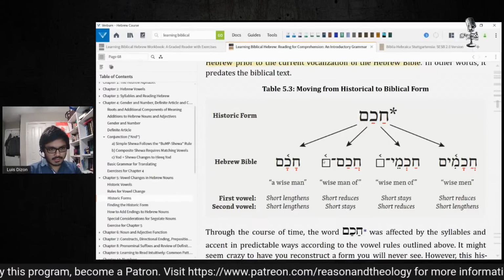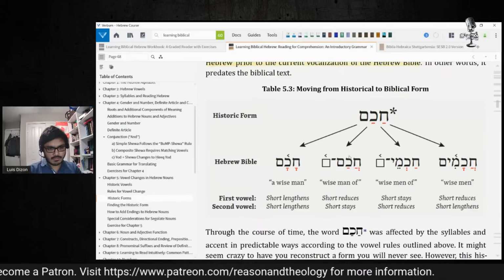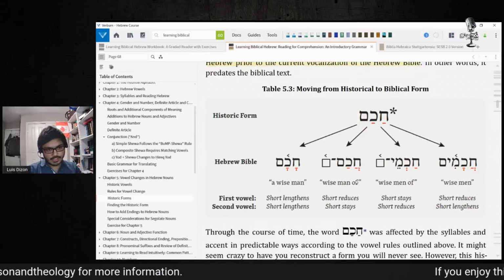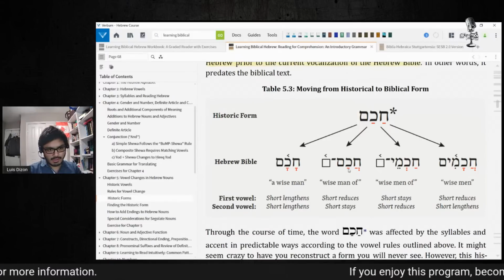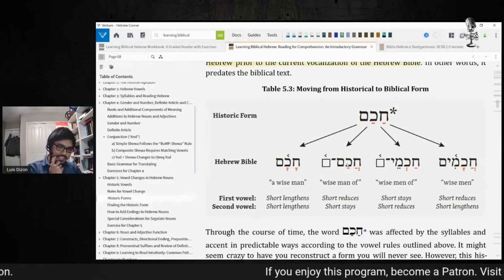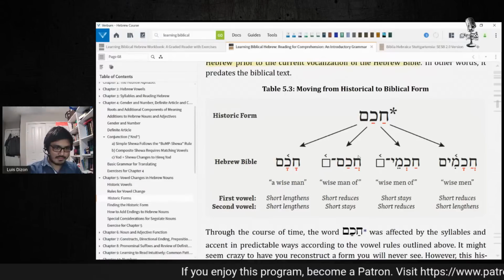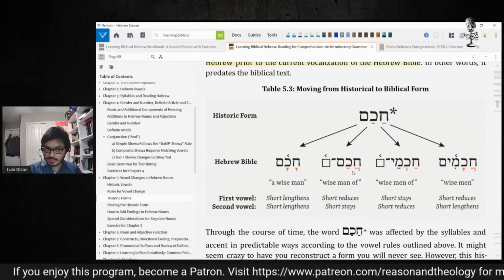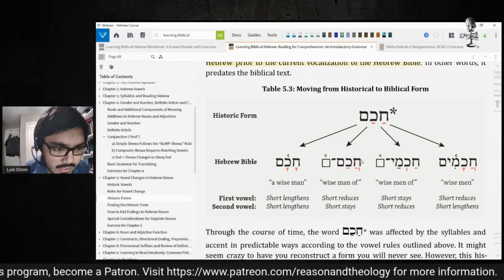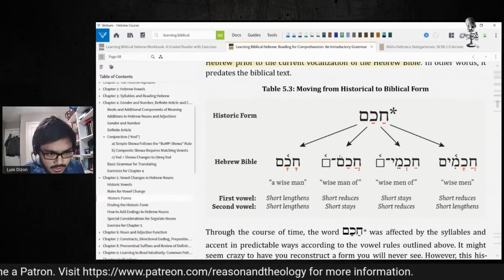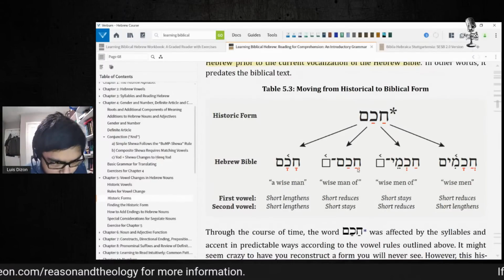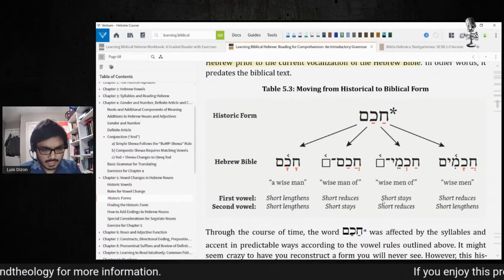So you have a closed, unaccented syllable, which, according to Rule 1, takes a short vowel, so patach, and then the distant open syllable, which is two syllables away from the accent, will be reduced. So you get a patach with a shva.